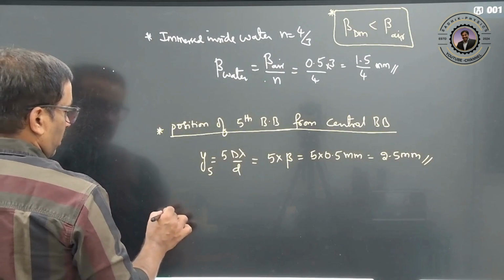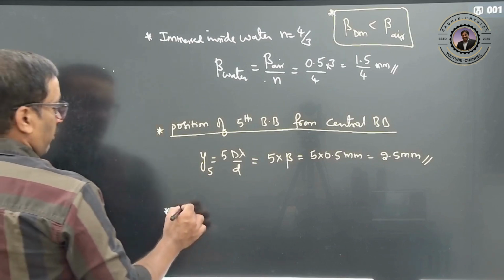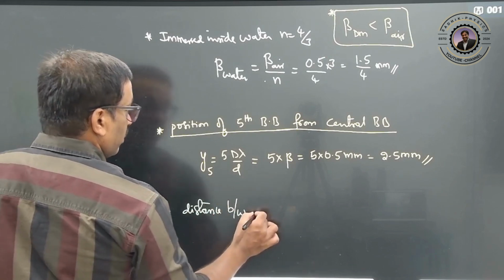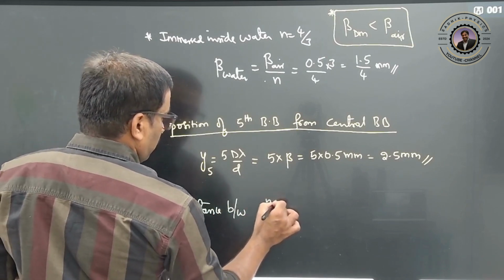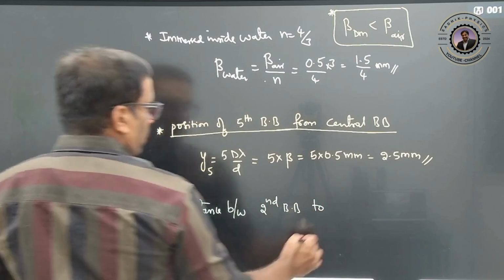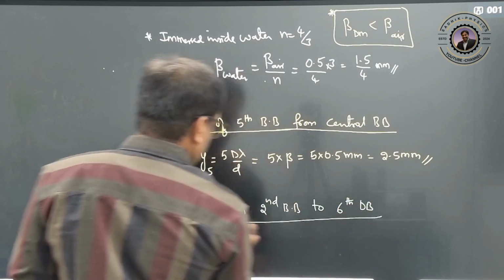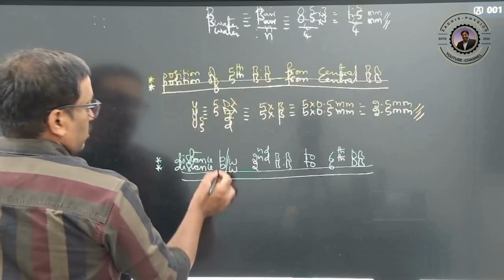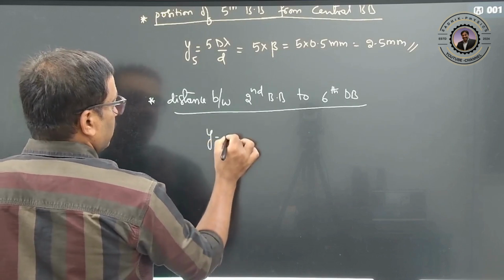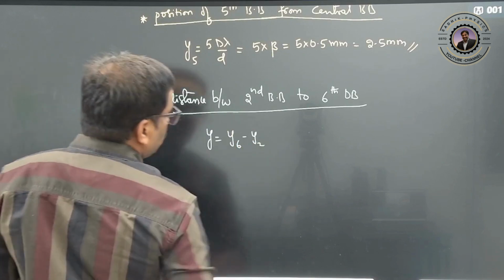Now, therefore here we can write the distance between the second bright band and the sixth dark band. So the distance between them, what can you write? y6 minus y2. Clear?